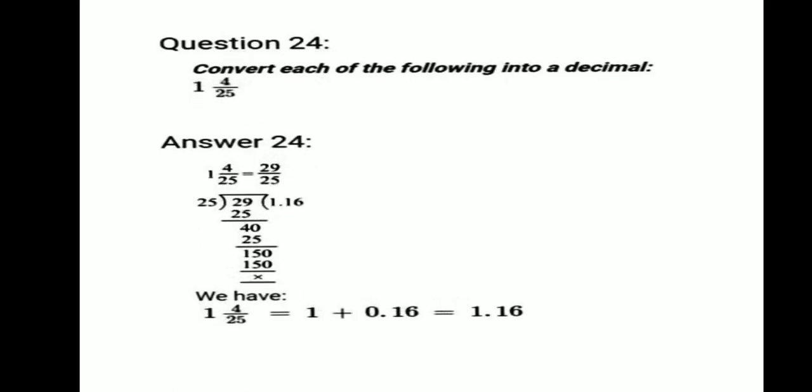Next question is convert each of the following into decimal, and here is 1 whole 4 upon 25. 1 whole 4 upon 25 converted into an improper fraction, you will get 29 upon 25. Now divide 29 by 25. You will get 1.16. Understand? 1.16 is your answer.